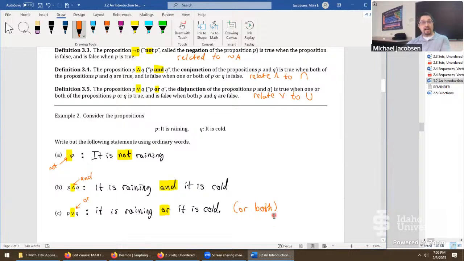You can if you want to be hyper specific. There's no harm in that. In fact, it could be beneficial. But it's a foregone conclusion, so if you don't even say or both, it was implied if it came through that operator there. We'll have a new one for exclusive or, but we'll wait for a bit before we get to that operator. First, any questions at all, folks, with this pretty much an introduction of these connective operators here?